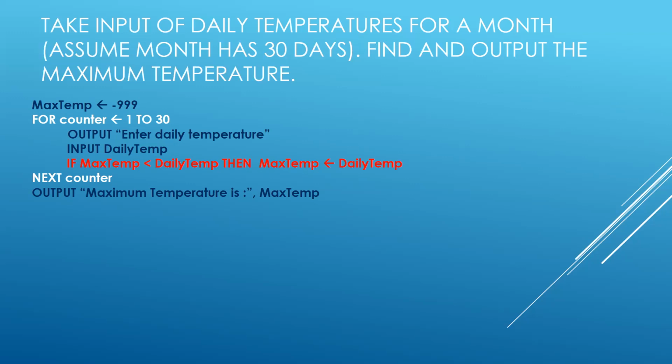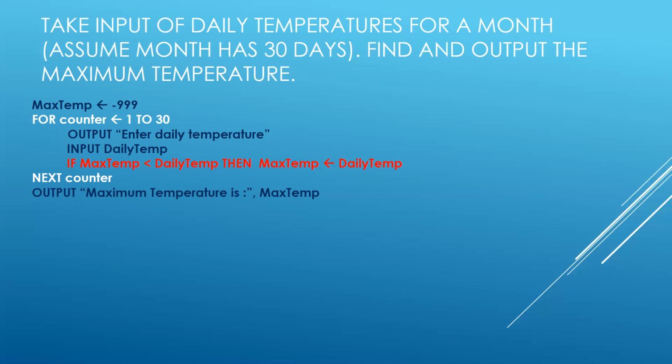I had purposely said it with the purpose that are you able to figure out or not. Definitely, the value that is supposed to be entered in variable daily temp should be an integer. It will not be, or maybe in some cases real also. If I say minus 999 is less than 10, condition is true. So immediately in the first go, the max temp will be holding the daily temp.